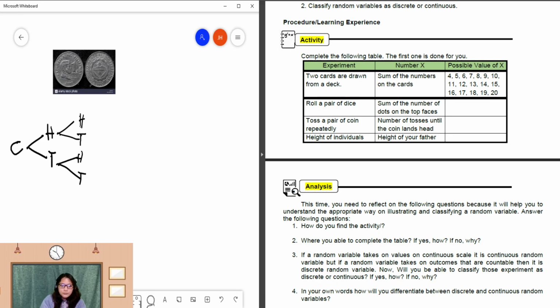So, again, number of tosses until the coin lands head. Because of the word repeatedly, we are not fixed to only two tosses. It's repeatedly, so it can go again and again as long as it lands head. But what if your first is head, and your second is tail? Again, it must land head, so you toss again.